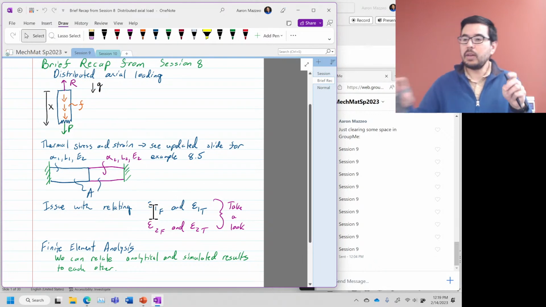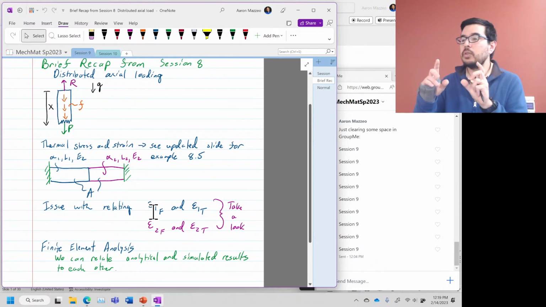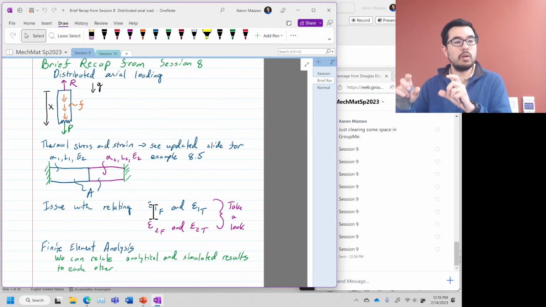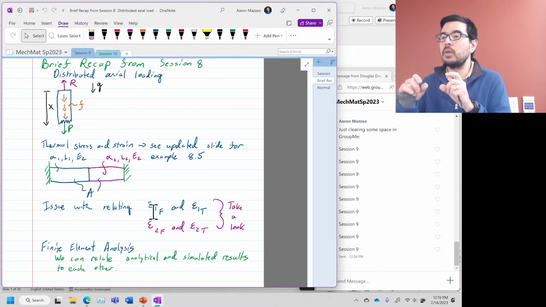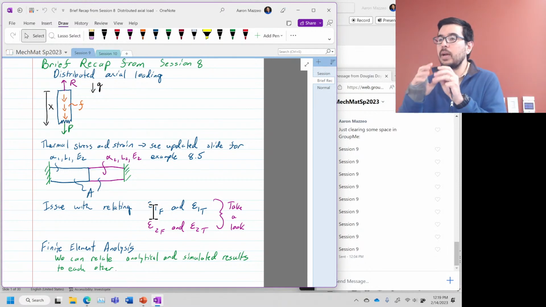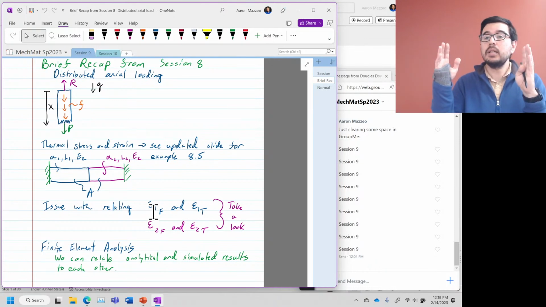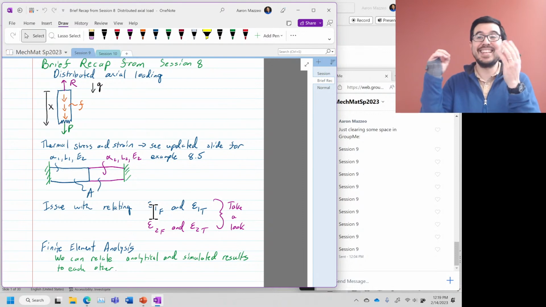Now example 8.5 takes into account both thermal strain and force-based strain within the individual members, okay, to be able to calculate the overall strain, or the actual strain, in each of the members, not just the strain due to force, okay? What happens is we need to take into account how much expansion each of these members has, and then think about, okay, that's the amount of strain or that's the amount of delta due to the heating.